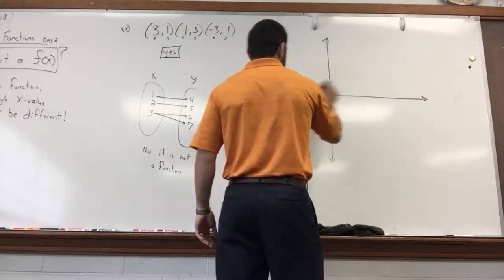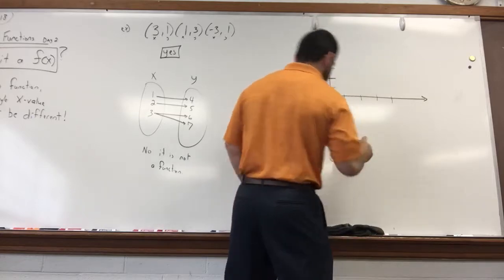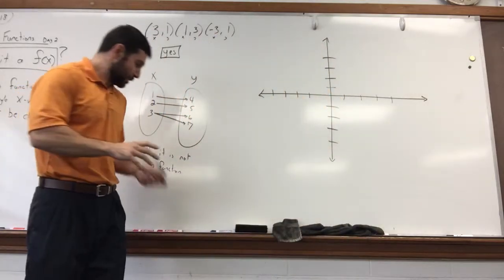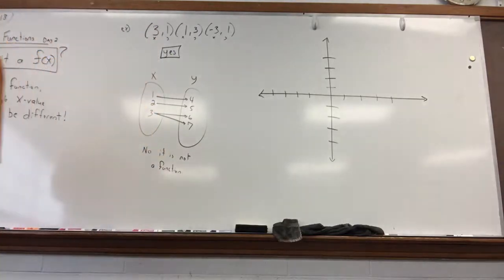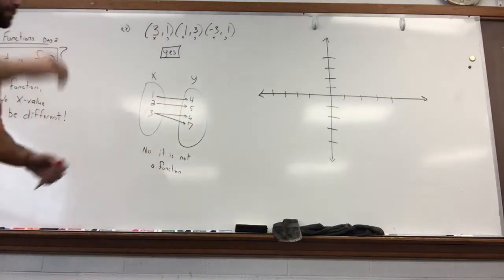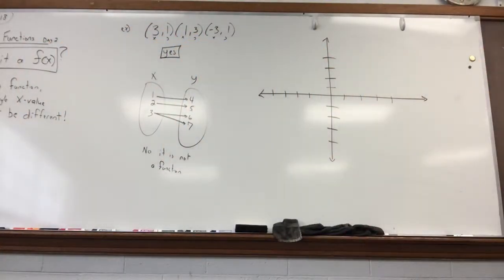One, two, three, four, one, two, three, four, one, two, three, four. Okay? So there's my coordinate plane. I would draw a coordinate plane. I would make sure that it has 4 dashes on each little spot.